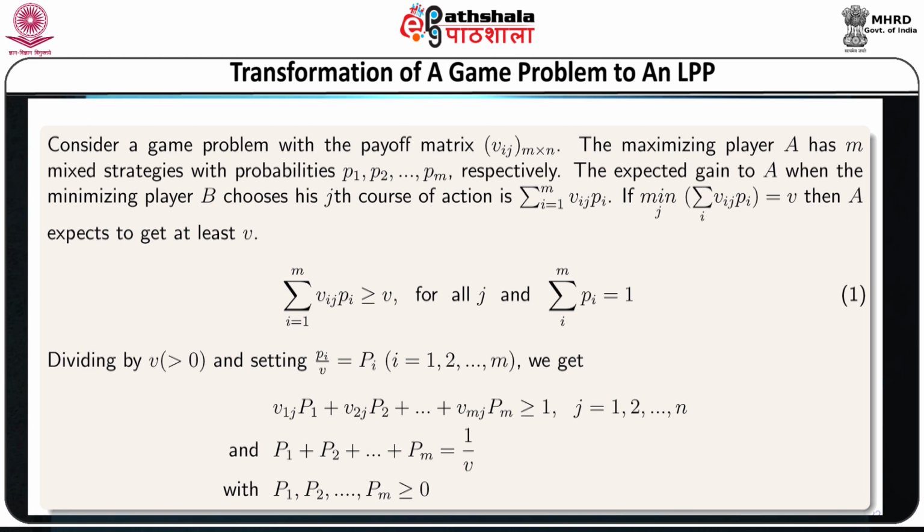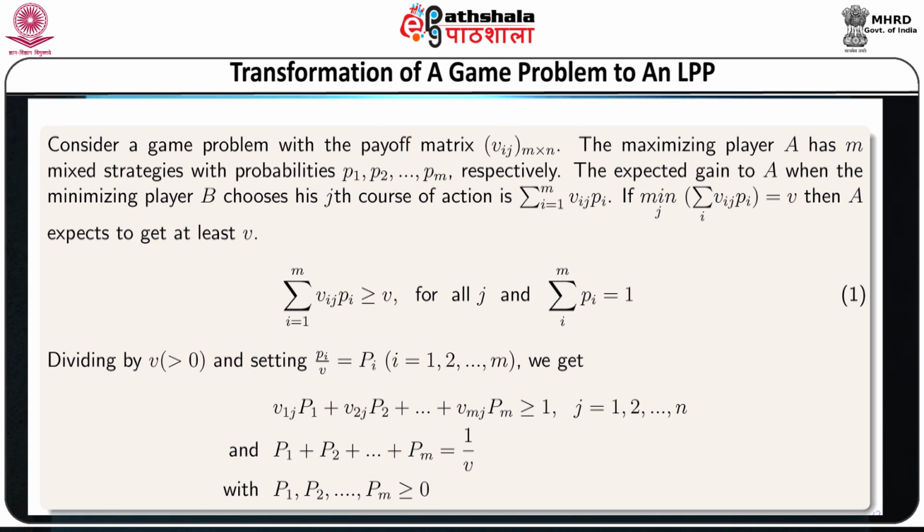Therefore, we can write the sum over i from 1 to m of vij Pi is greater than or equal to V for all j, and the sum of Pi is equal to 1. Now, we assume that V is greater than 0 and set Pi by V equal to capital Pi.